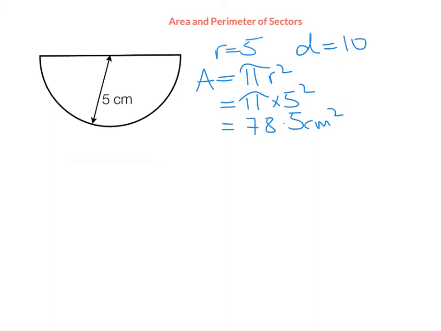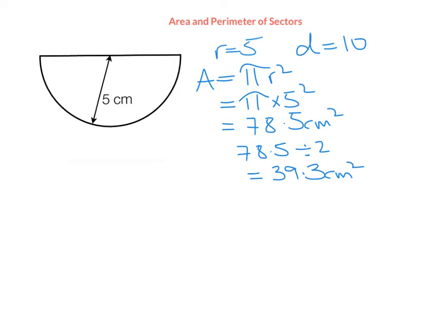Okay, now that is the area for a whole circle. I don't have a whole circle, so I have to divide that answer by 2. So 78.5 divided by 2 equals 39.2. Or sorry, 39.3 centimeters squared.